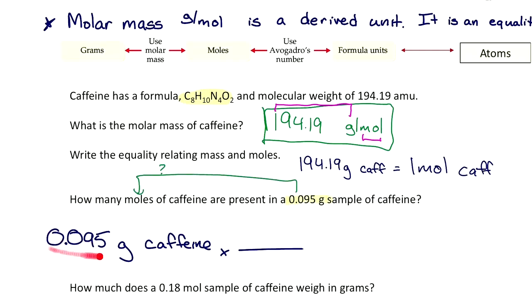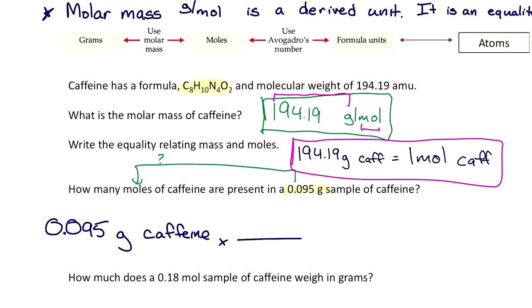So I'm going to start with the piece of information that's given, the 0.095 grams of caffeine. And now I'm going to use that equality that we just got. Where am I going to put the 194 grams? On the bottom, yep, to cancel it out. So it seems like I'm dividing by molar mass, but again, this is not something you memorize. As long as you're clever with your units and dimensional analysis, you'll recognize how to cancel those units.